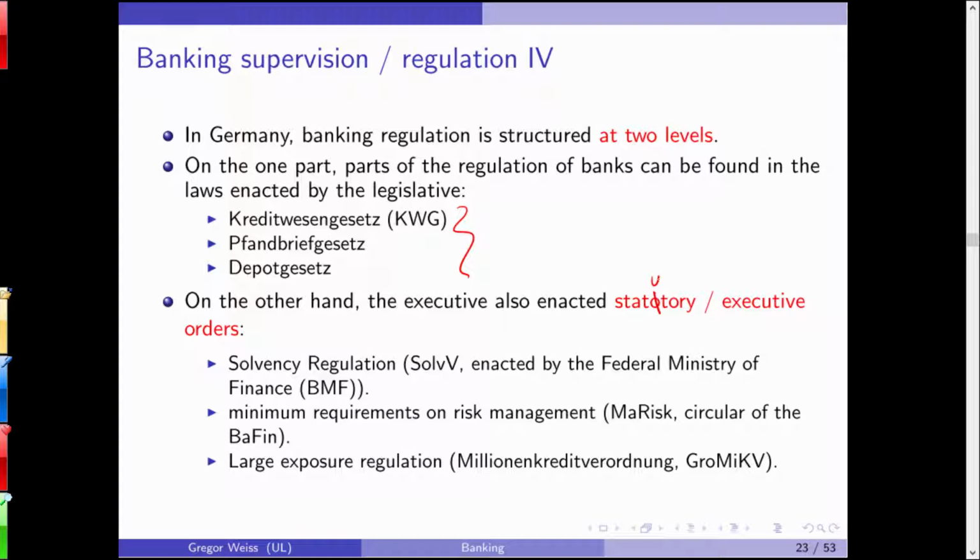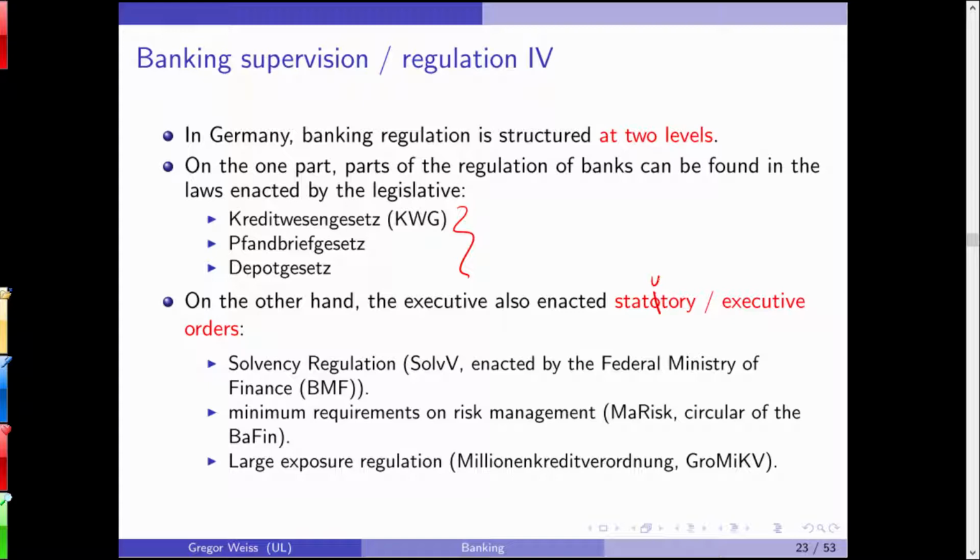If you grant a loan that is larger than, say, 1 million euros, you have to report the specific details of this loan to Deutsche Bundesbank and to BaFin. And you have to stick to certain minimum requirements in your risk management if you are a financial institution. This is not a law. It's not regulated by Parliament, and Parliament has not acted on this.